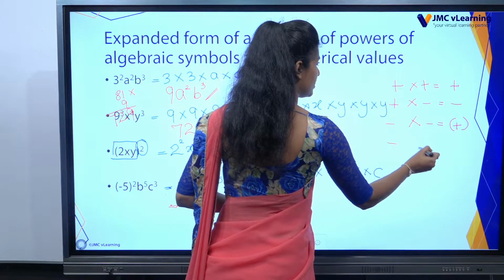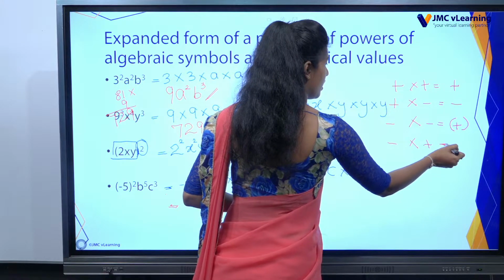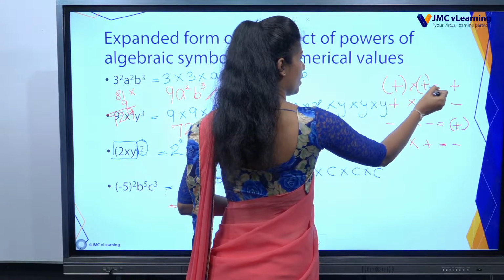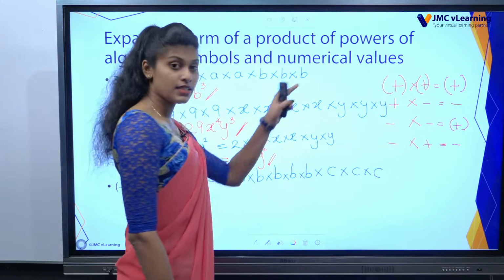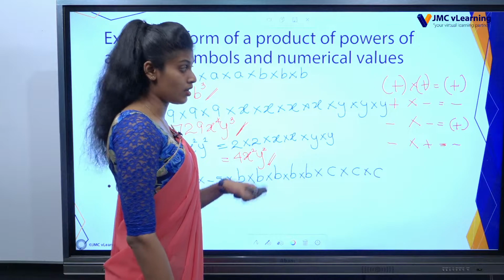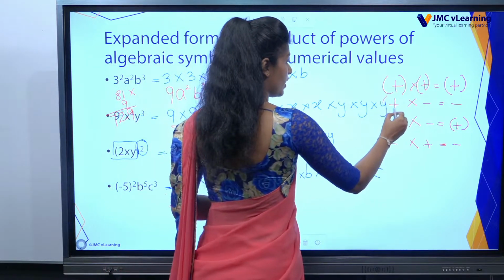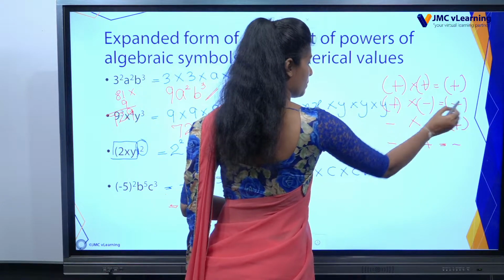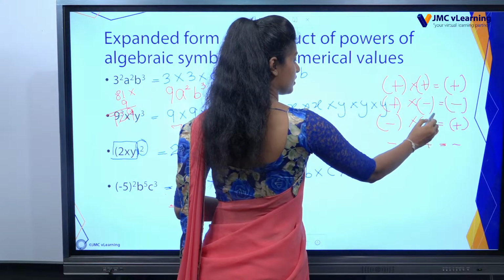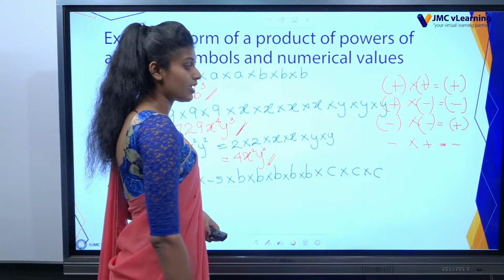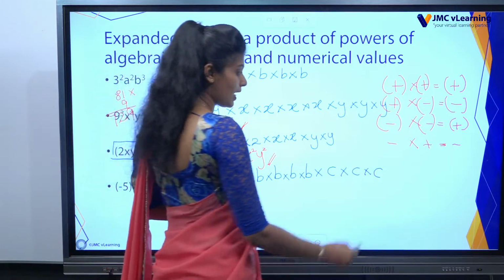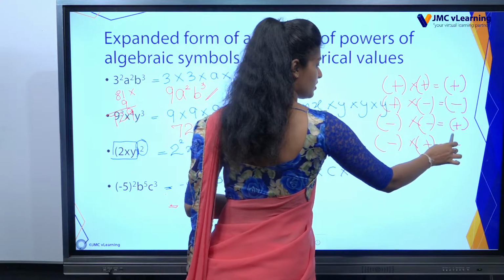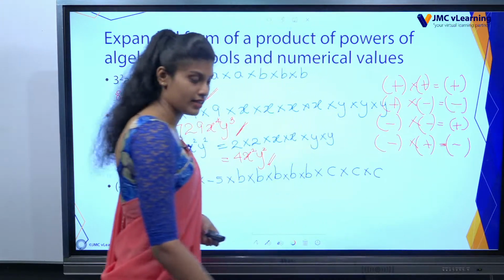Then minus multiply by plus, answer is minus. Now can you see, when you multiply the same signs, the answer is plus. Then when you multiply different signs, the answer is minus. Here minus minus, equal signs, then the answer is plus. Here different signs, plus minus, the answer is minus.